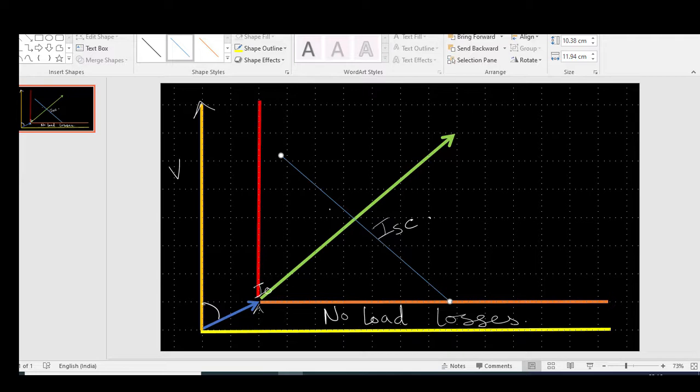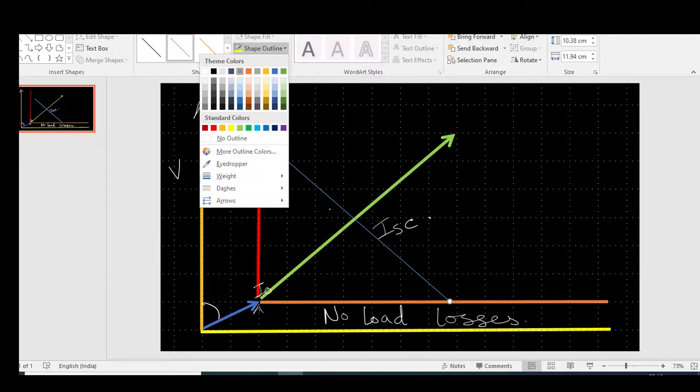Hopefully this is almost 90 degrees, not very sure.